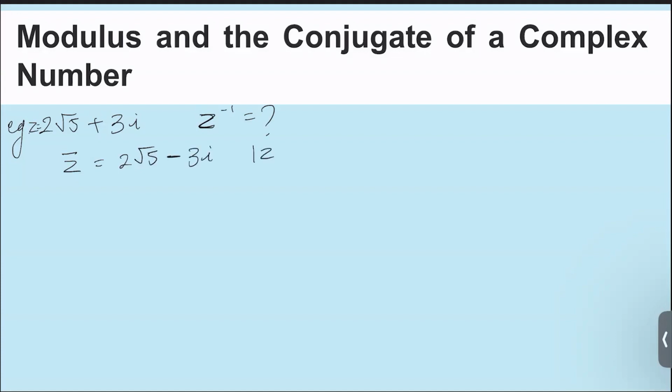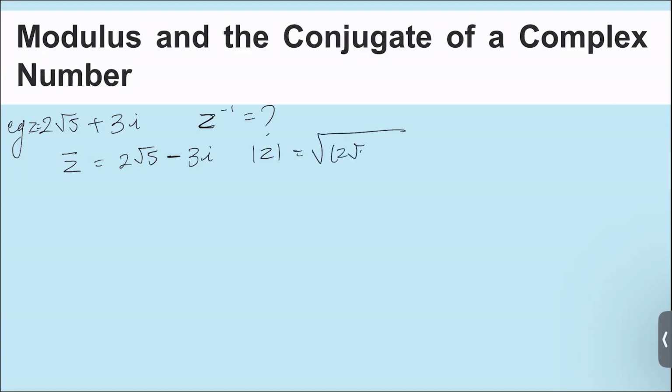The mod of z is the square root of 2 root 5 squared plus 3 squared. So over here, you get 4 into 5, plus 9.